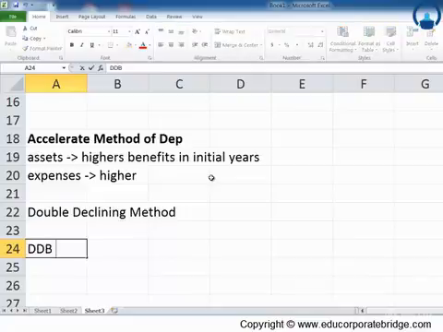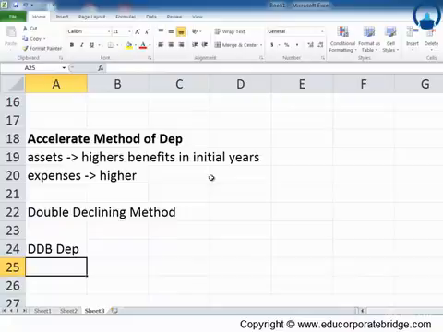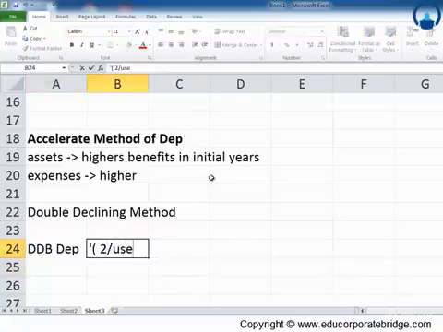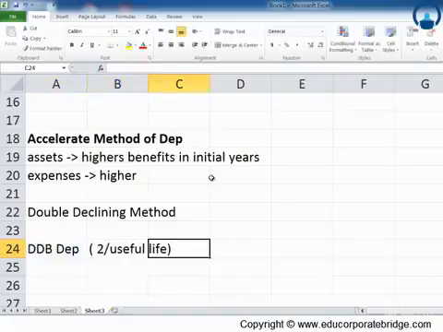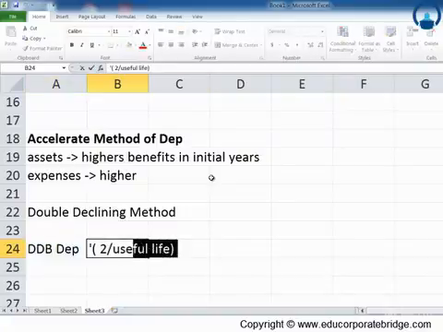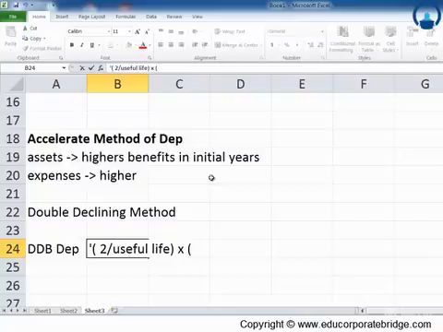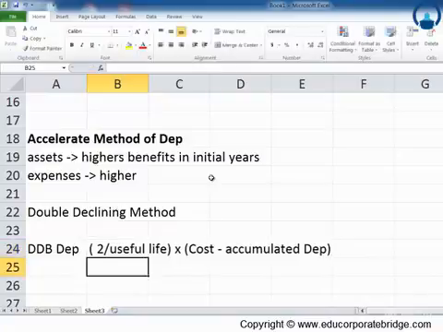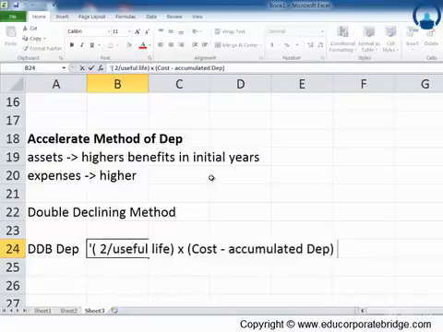Let me write this as the double declining method, and the depreciation formula would be: 2 divided by the useful life. This factor, 2 divided by useful life, depreciates at double the speed, and this is multiplied by the cost minus the accumulated depreciation. So this is the formula for the double declining method.